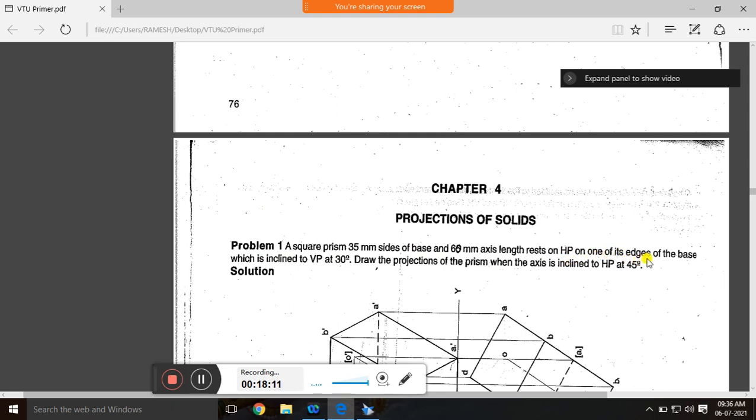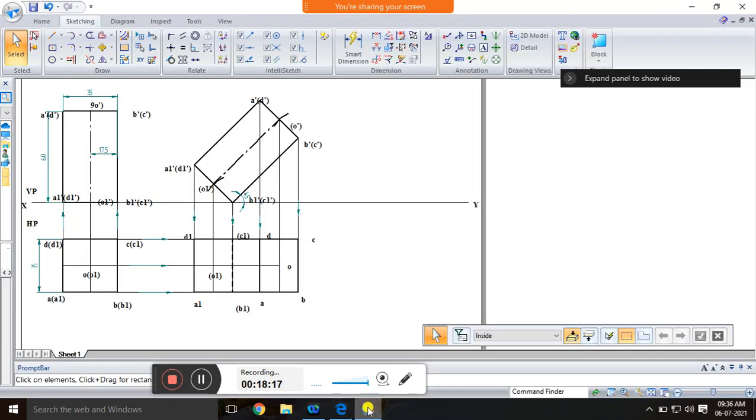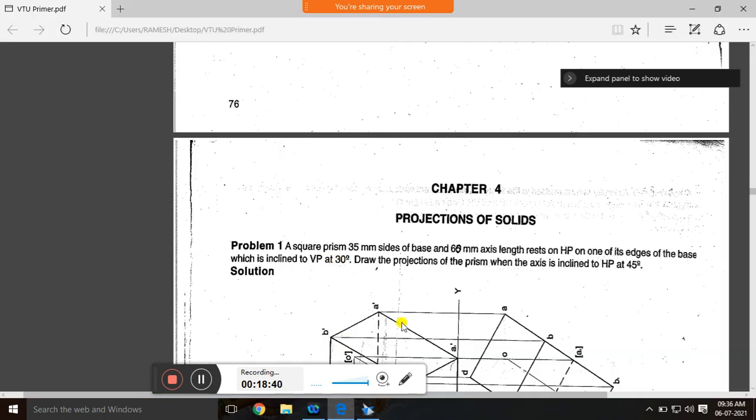Okay, the same edge of the base, which is inclined to VP at 30 degree, means this is what the edge B1 and C1, this is what the edge, correct? It is rest on a HP of 45 degree. The same edge is inclined, so you have to incline this edge. This dotted line is there now, that is what the edge, it is not visible, so this edge is inclined up how much? Of 30 degree.